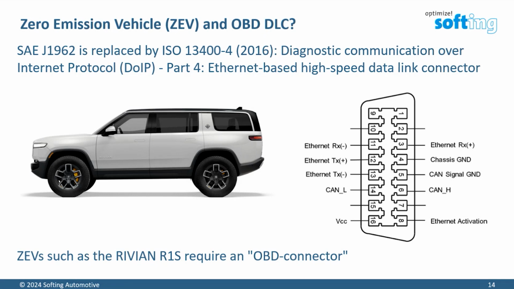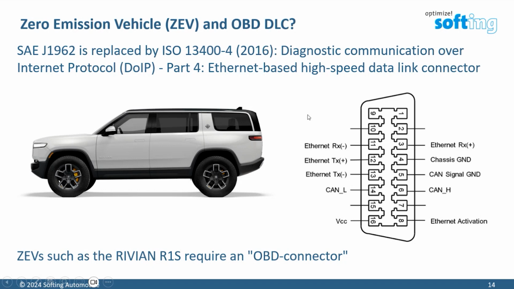That is a new connector that comes with the new J1979-2 and -3. -3, because -2 does not allow diagnostics over IP, but the communication with ZEV allows diagnostics over IP and Ethernet.